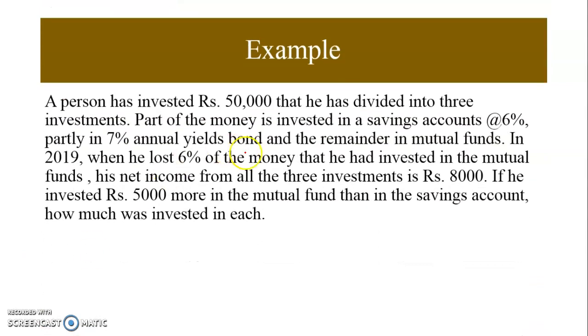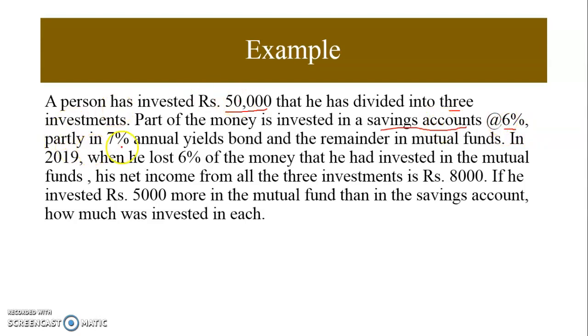A person has invested rupees 50,000. So this 50,000 is the total investment and he has divided it into three investments. It means the number of investments is three. Part of the money is invested in a savings account. It means the first investment is the savings account, and the 6% rate of interest is on the savings account.